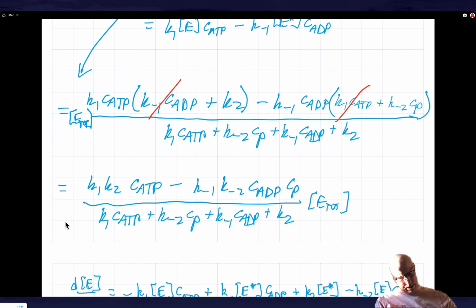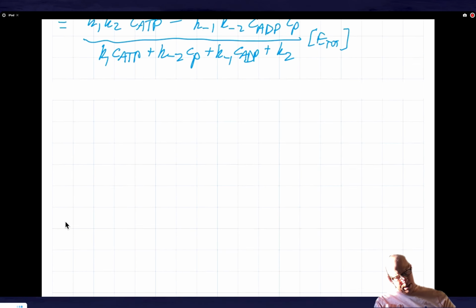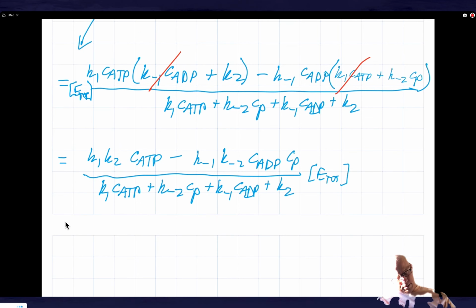Yeah, so that's very interesting, and it leads to a lot of insight. And the reason I claim that is, first of all, let's look at what happens when the net flux is 0.